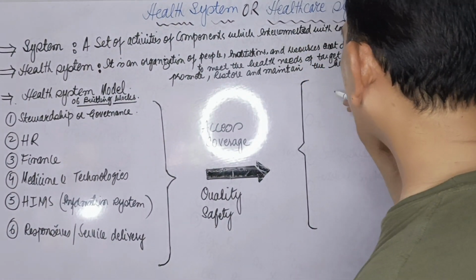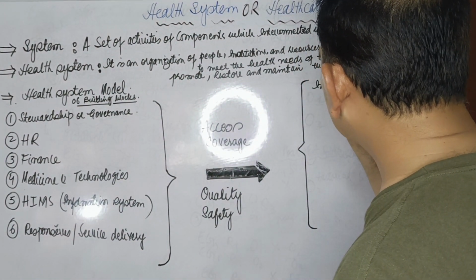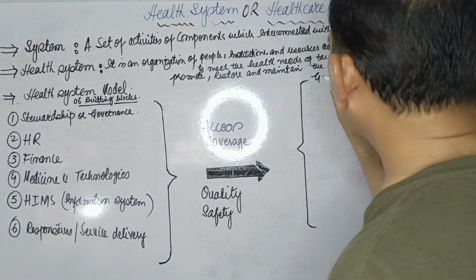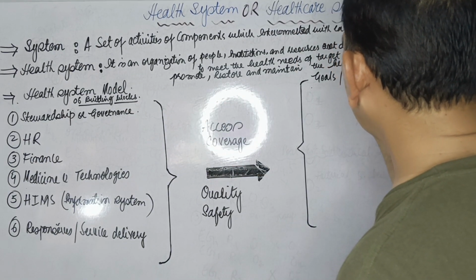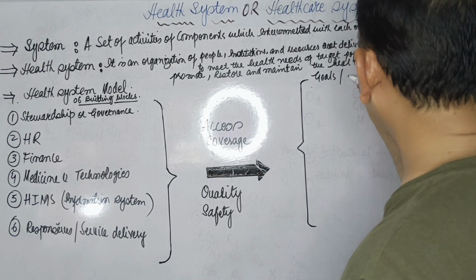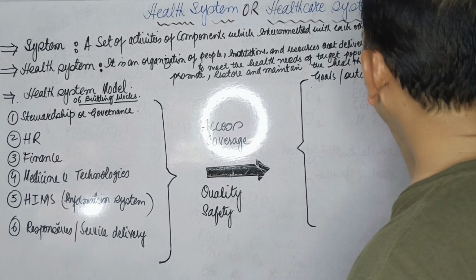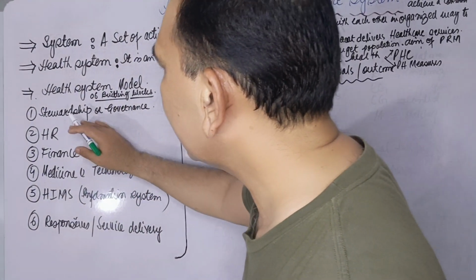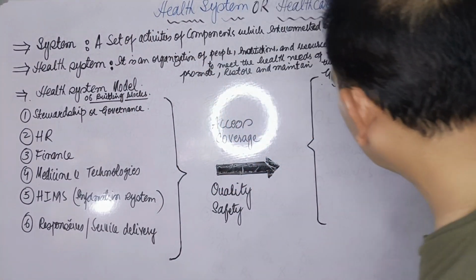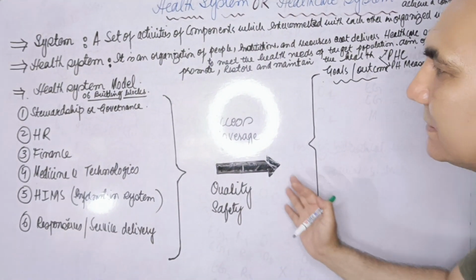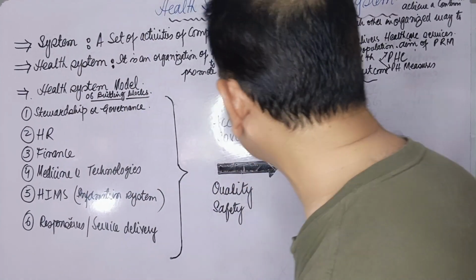Now, these are the six building blocks, and what are the goals and outcomes of these six building blocks of the healthcare system model?